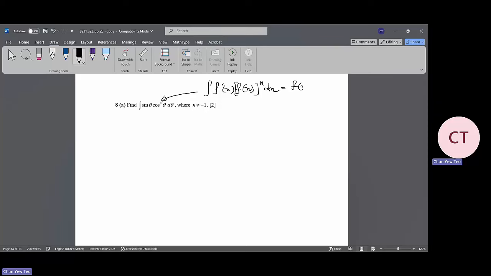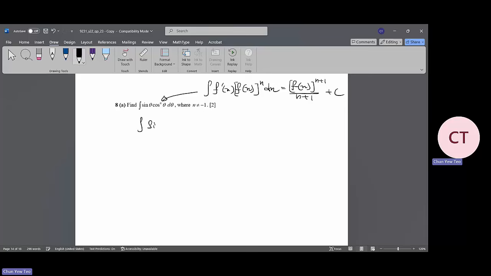Your result will be [f(x)]^(n+1) over n+1 plus c. So here, our f(θ) will be cos θ, and your f'(θ) will be negative sin θ. We will be using this, but we need to modify it because it doesn't fulfill the form at the moment.